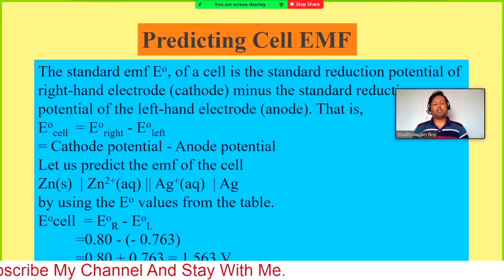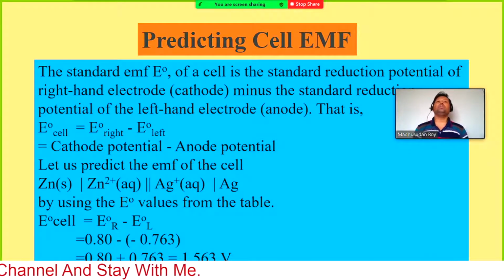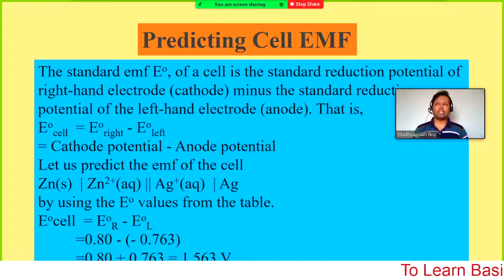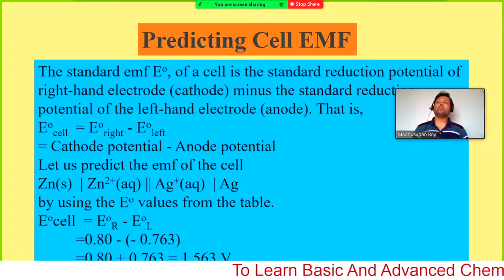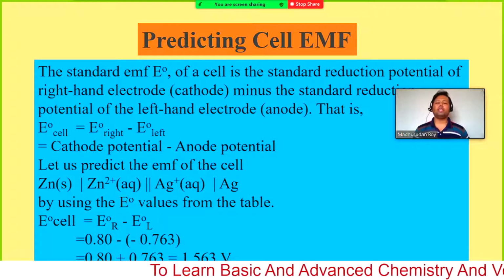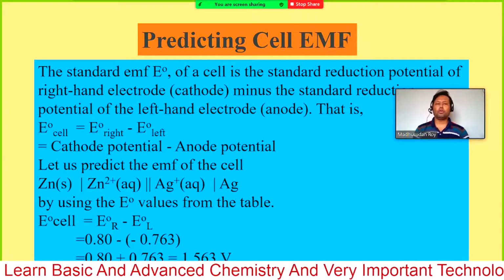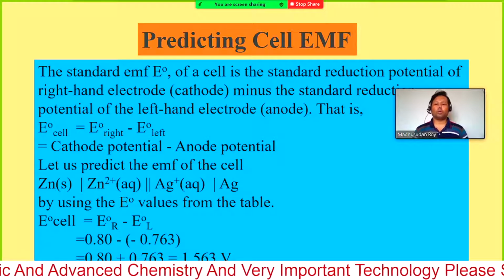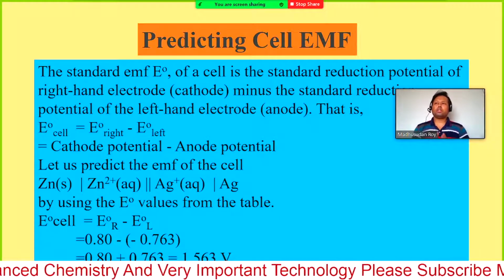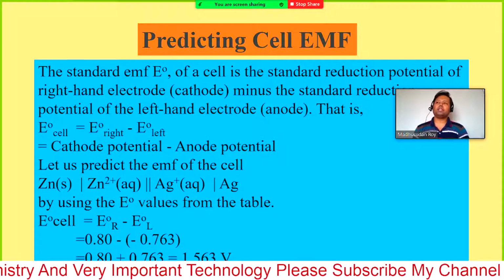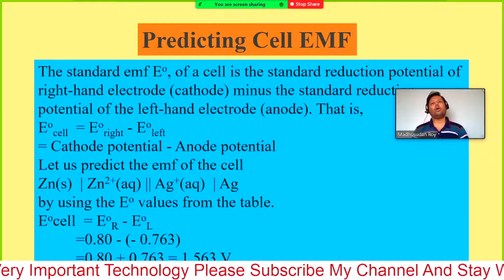You have learned how we can determine the half cell EMF in the last class by using a standard reference electrode. In that case, we used the hydrogen electrode. The hydrogen electrode has an EMF of 0 volt. So we can use the hydrogen electrode as either cathode or anode.